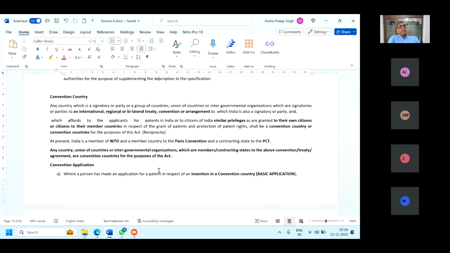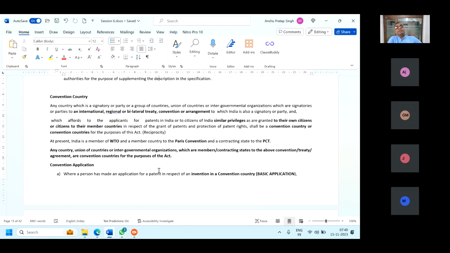And in that convention country, what is important is that if one country is giving similar privileges to my citizens as they accord to their own citizens, then that is a convention country for this purpose, and India will reciprocate the understanding.